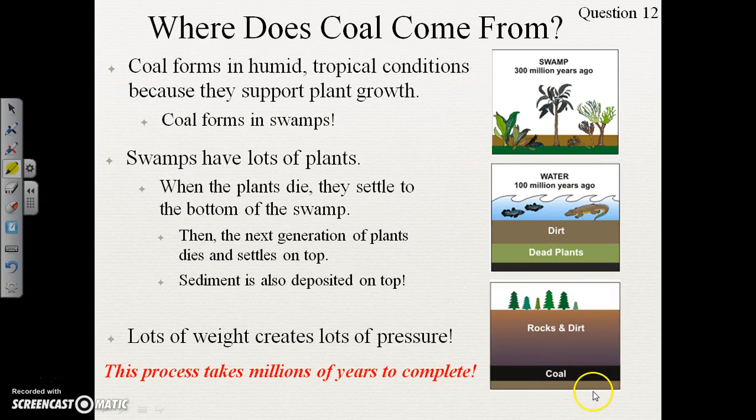Over time, we end up getting a layer of coal forming. This happens in ancient swamps, so where coal is found now, like West Virginia, Tennessee, millions of years ago, in ancient times, those were swamps. It's not like I have a swamp in my backyard right now and I can go dig up some coal. It's ancient swamps from the dinosaur times.